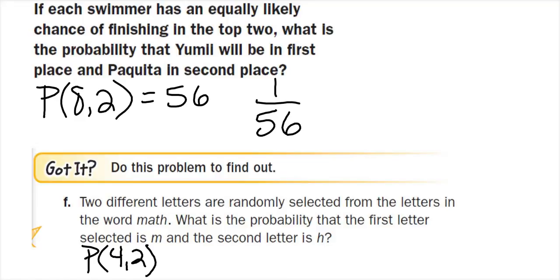So for this one, we're going to do the permutation of 4 picking 2. So that's just going to be 4 times 3, which would be 12. All right, so that makes 12, which means the probability then is 1/12. And that's it.